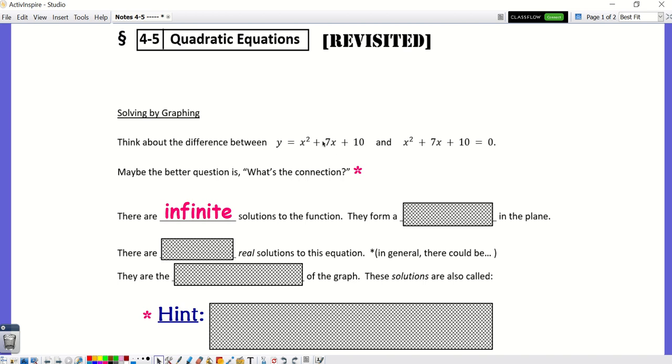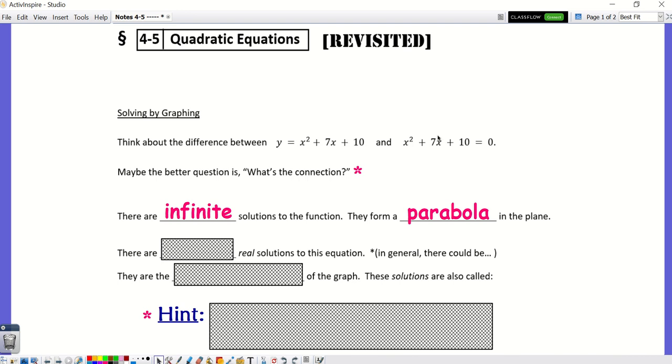All of the solutions are pairs of numbers, and those pairs will form a parabola in the plane. We've done that. I showed you this week how to graph this parabola in the plane. Since this was in standard form, you would have used the axis of symmetry formula and gone from there. We talked about this week how we can graph this quadratic equation and see how it forms a parabola.